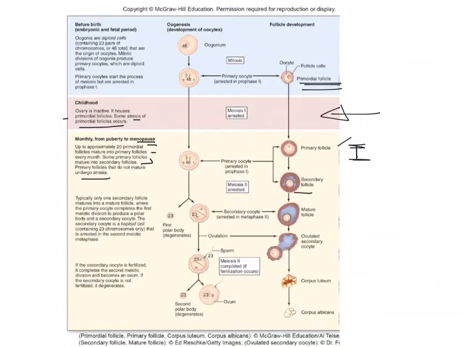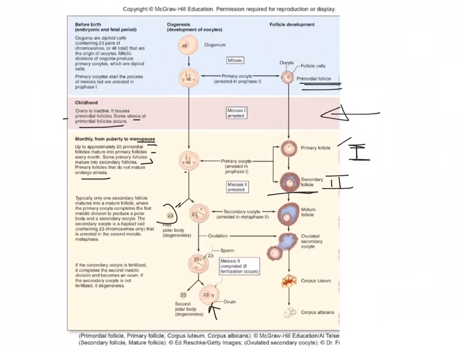The secondary follicle is going to stop at meiosis 2. You go from 46 chromosomes, then they divide, and you get 2 of 23. In females, we're putting all of our cytoplasm into one egg, so we end up with a bunch of polar bodies that we don't need.